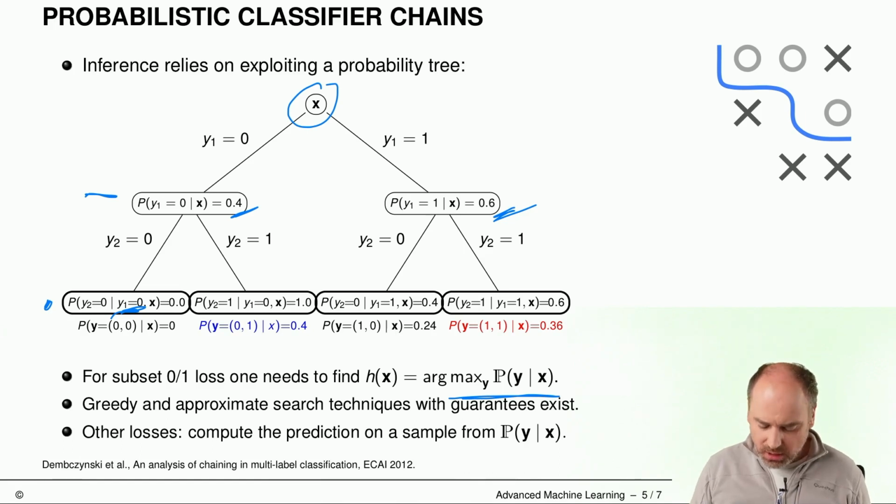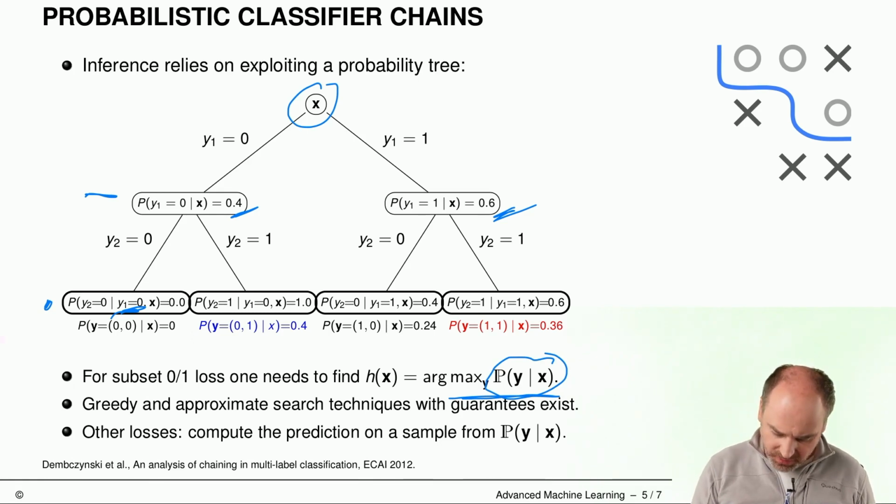We can compute different stochastic properties regarding the label distribution, and we can definitely also compute this guy here, which would simply be this conditional joint, what we're interested in, and we can do an argmax.